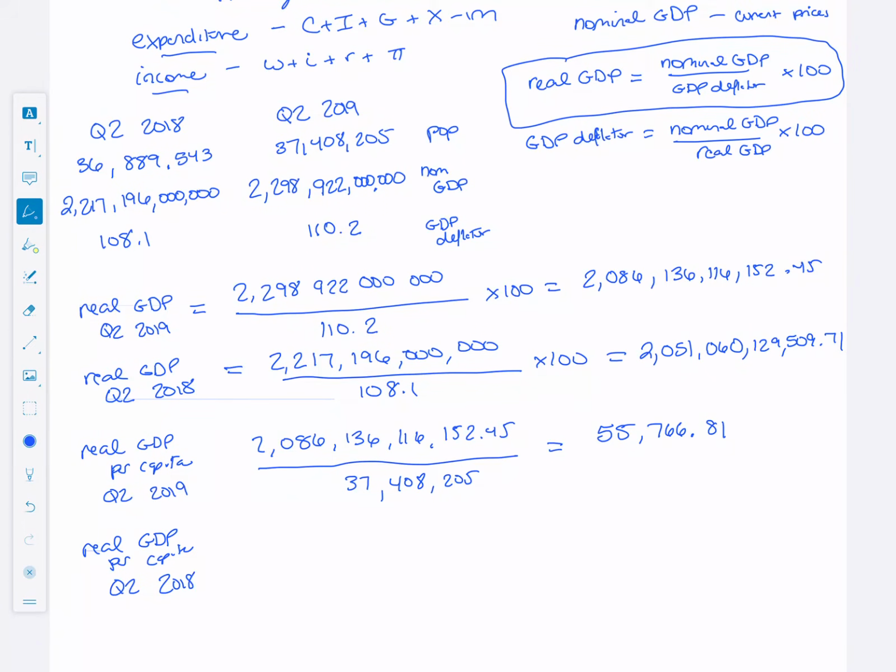So we've got to take our real GDP, 2,051,060,129,509.71, divided by our second quarter of 2018 population, which was 36 million. All right, let's type that into our calculator.